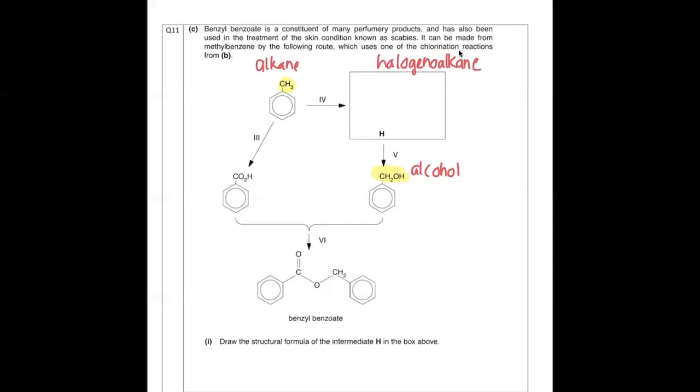Now moving on to route 6 down here. Okay, you can see that we are combining a carboxylic acid and an alcohol. Okay, so this gives you a hint that this reaction is called the esterification reaction.